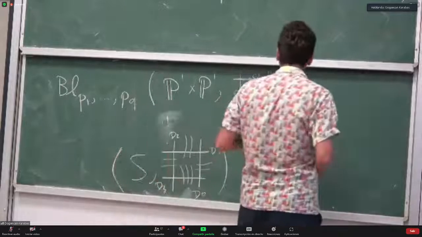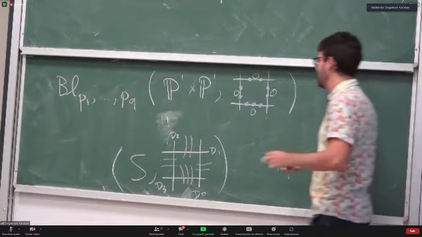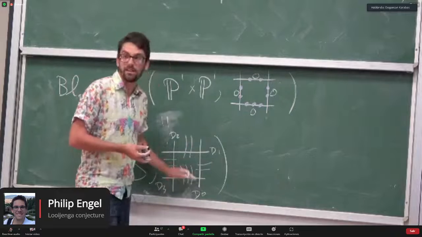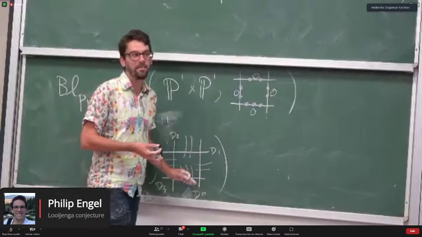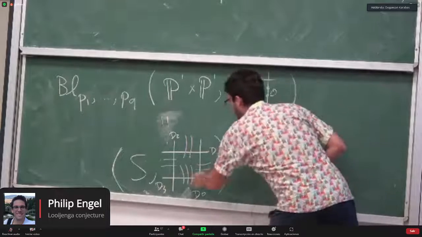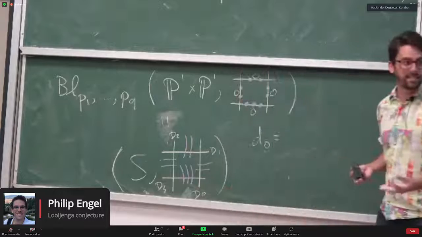A fact that you have to check in the privacy of your own home is that the self-intersection number of this curve decreases by 1 with each blow up. So because we blew up 3 times, D0 is going to have self-intersection -3.